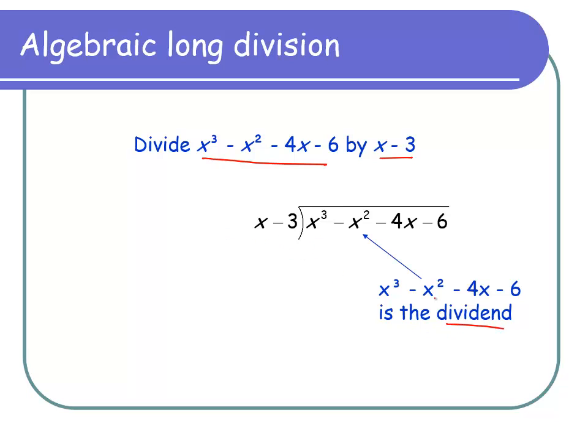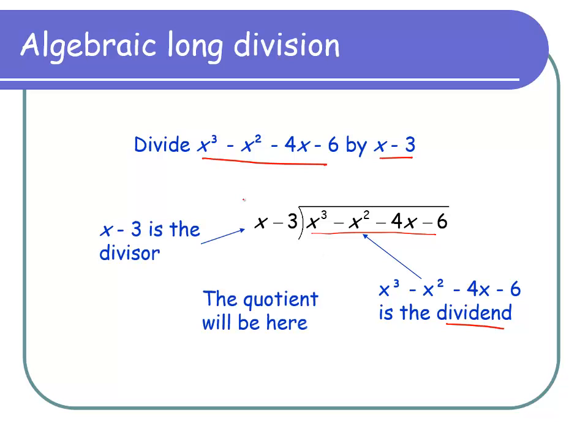There's the dividend, which is what goes underneath the division sign, and it also represents the cubic. We also have our divisor, which is our linear factor, and when we compute that out, we end up with our quotient, which is our quadratic factor.